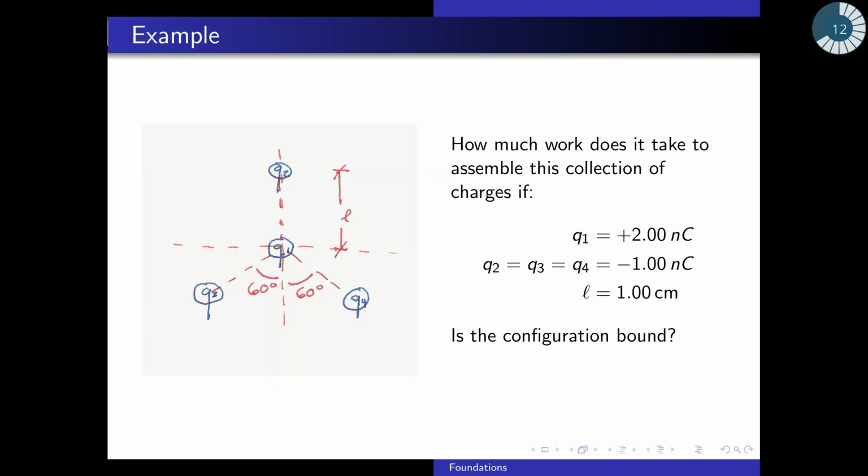So let's try doing a little calculation here. Let's actually try this whole thing out and see how this works. So I've got a collection of charges here. Q1 is a positive 2 nanocoulombs, and Q2, Q3, and Q4 are all equal charges.